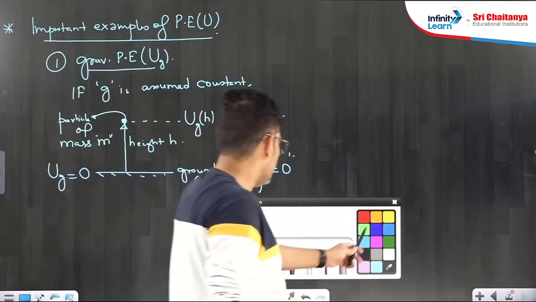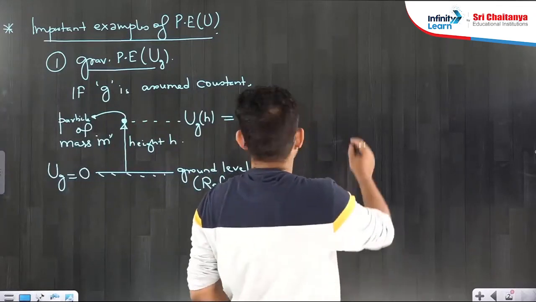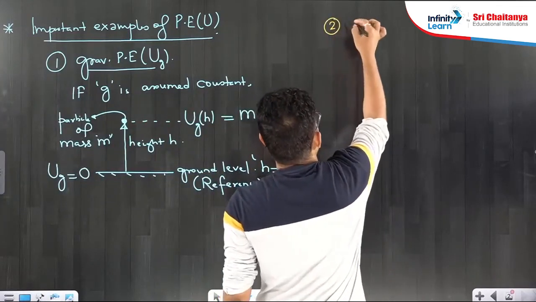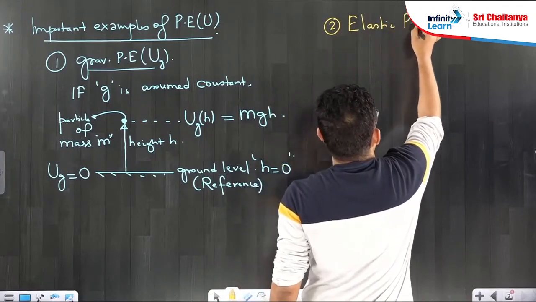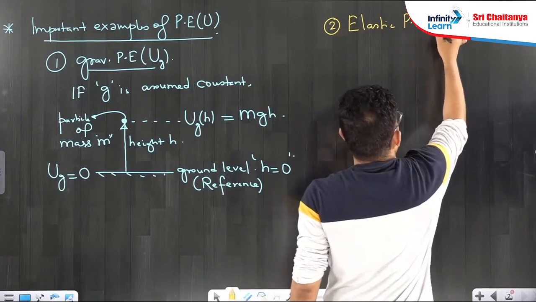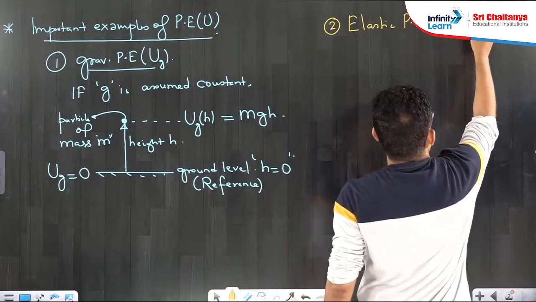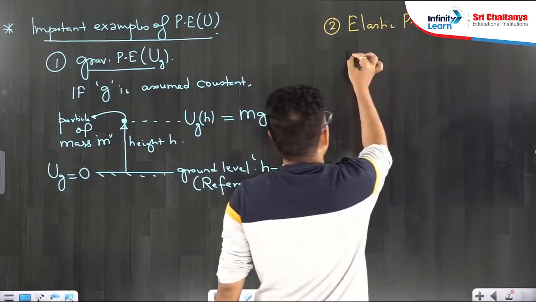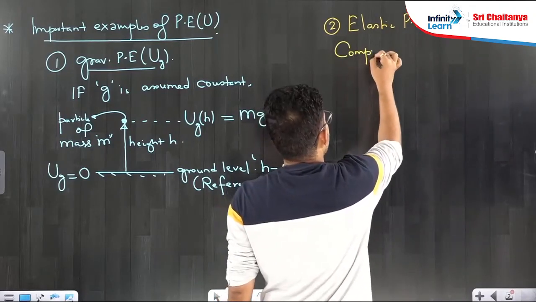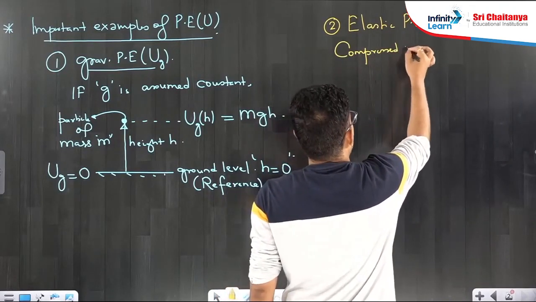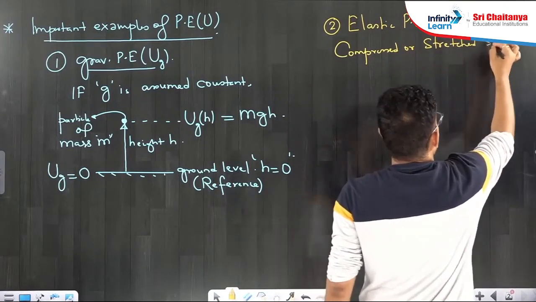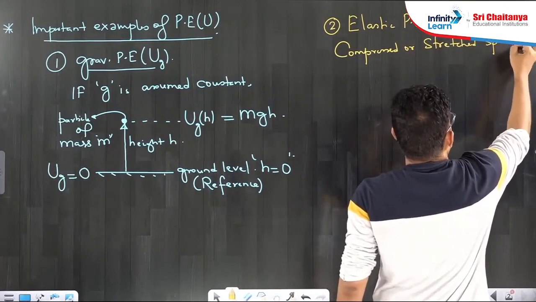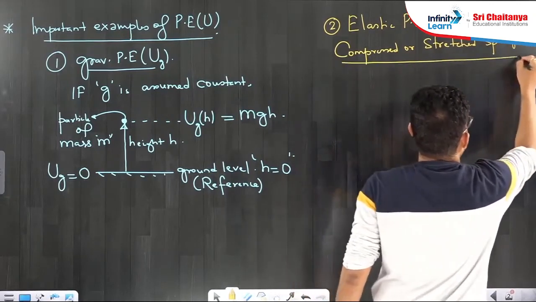Similarly, we have one more important potential energy which is called elastic potential energy, which is stored in a compressed or stretched spring. So we have another object which is a spring.